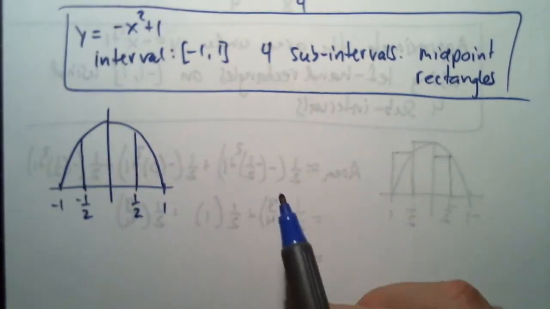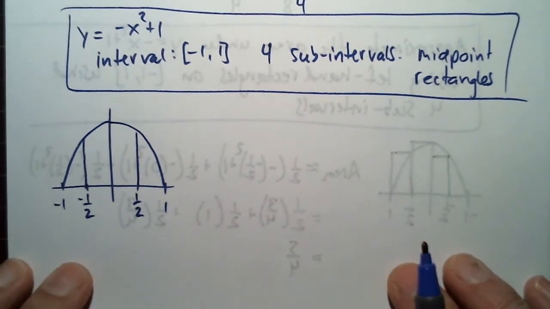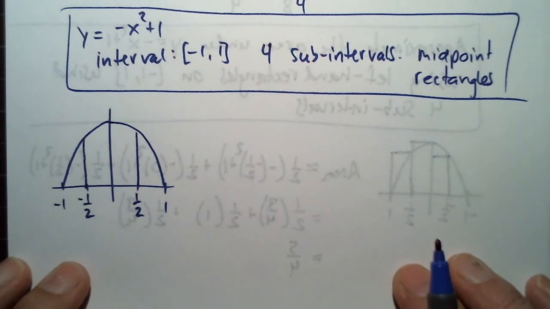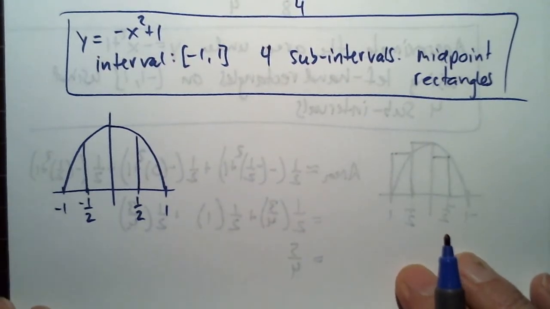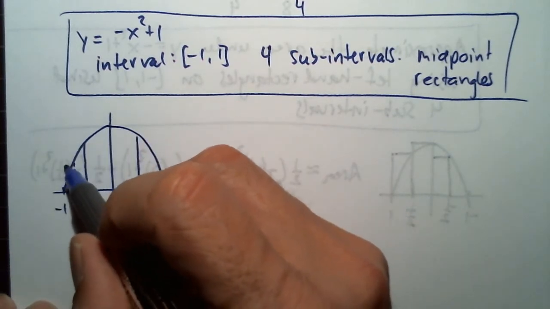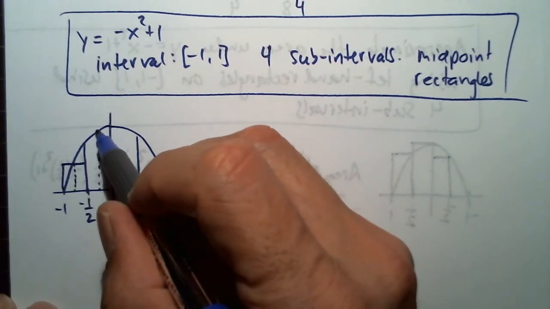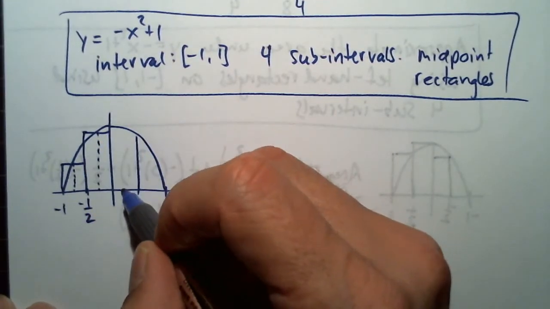When we use left hand or right hand rectangles, sometimes we were missing a rectangle. So if we use midpoints, we'll get a rectangle in each interval for this graph. So we're going to use the midpoint, go up to the graph, make a rectangle. Use the midpoint, go up to the graph, make a rectangle.